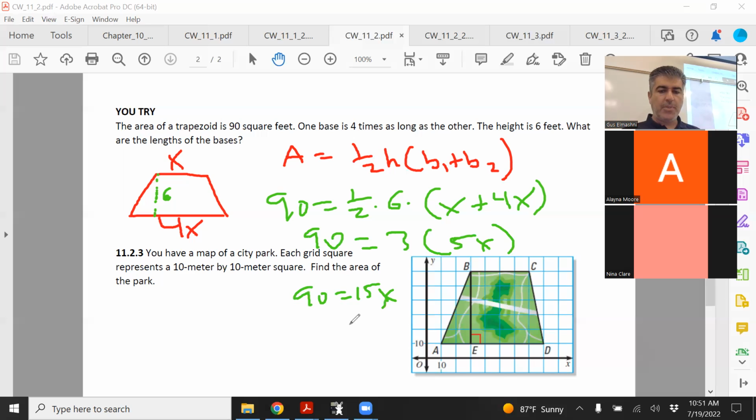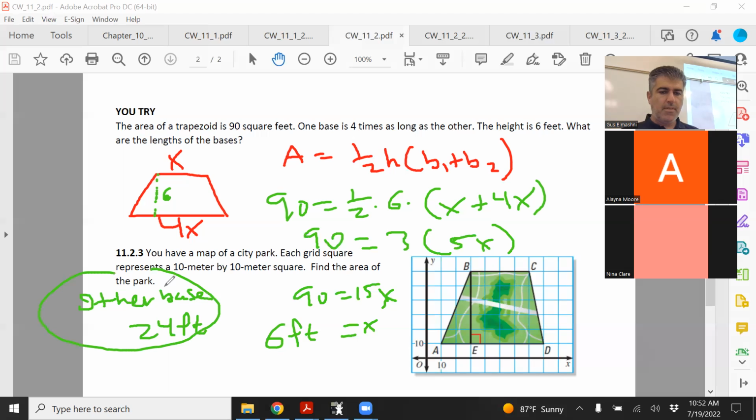Use a calculator, x should be 6. So the length of one base is 6 feet. The other base is 24 feet. Yep, that's all.